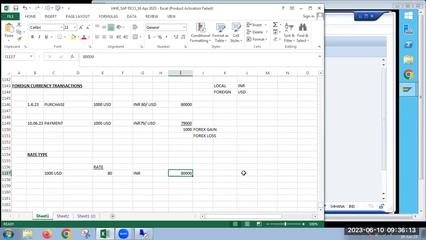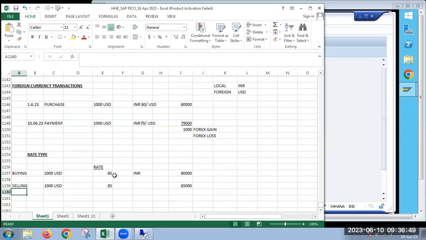No, we have to pay more for buying. Maybe let's think about 85,000. So if you pay 85,000 rupees, we will get $1,000. Then the rate will be 85. So from the banking point of view, here the bank is buying the dollar from us. And here the bank is selling the dollar.